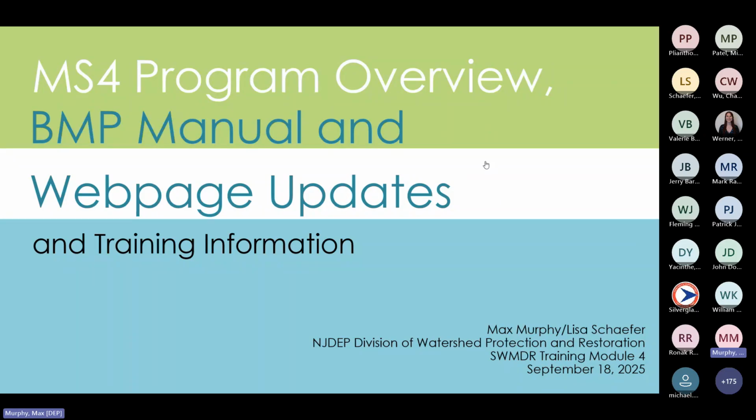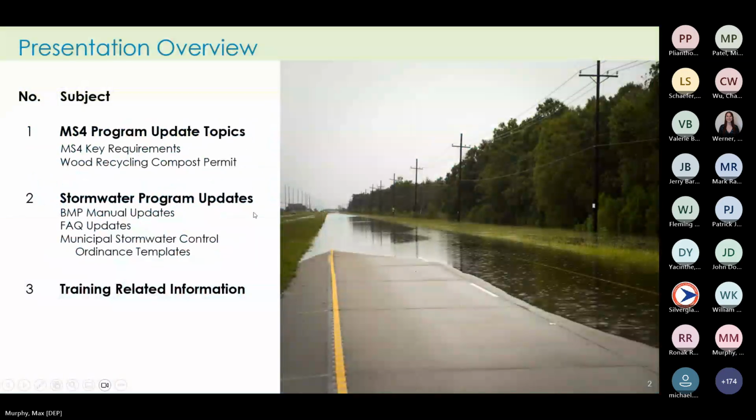My name is Max Murphy, and I'm an environmental specialist in the Municipal Stormwater Permitting Unit in the Bureau of NJDEP's Stormwater Permitting. And today I will be giving you an overview of the MS4 program. As we go through the presentation, I will address key aspects of our Tier A, Public Complex, and Highway Agency MS4 permits.